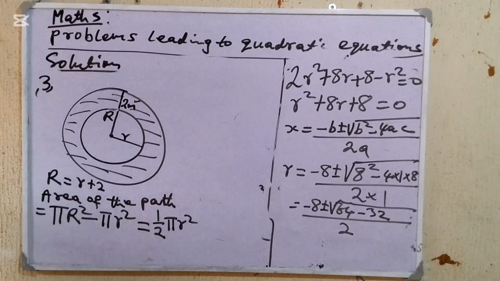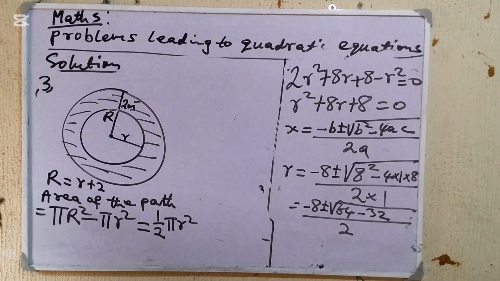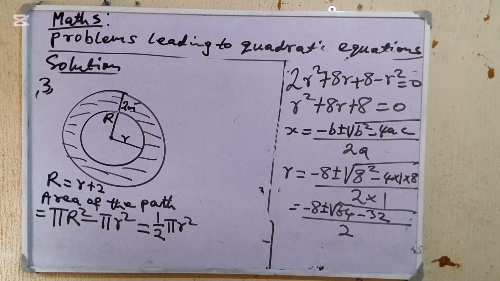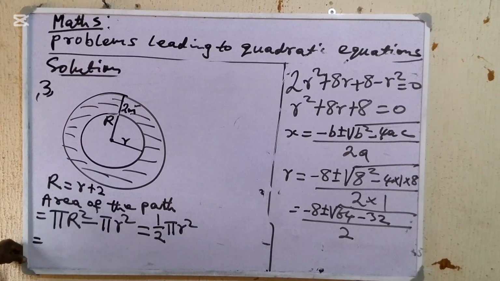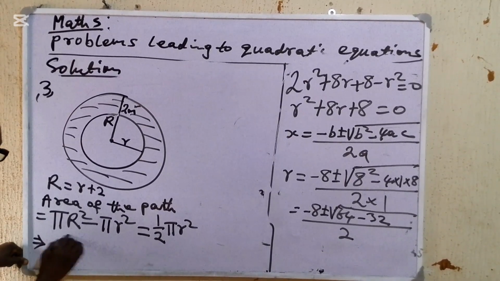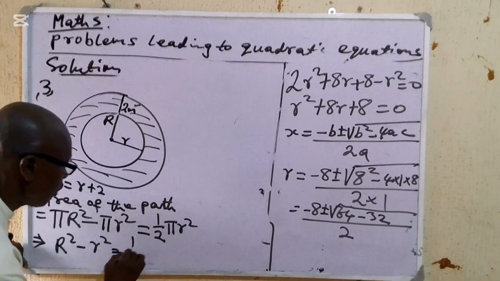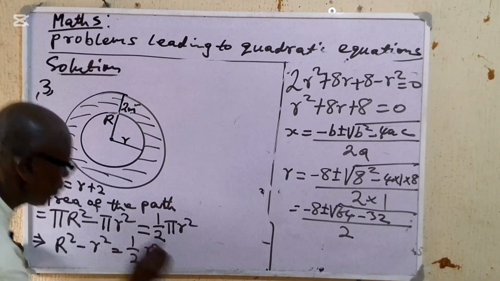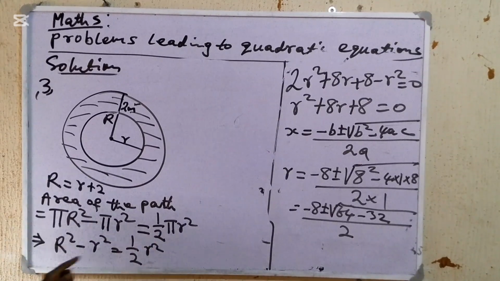So we now continue from here. And you discover that pi is common, so we can use pi to divide through. That will lead us to R squared minus small r squared equal to 1 over 2 R squared. I have used pi to divide everything, reducing it to this.